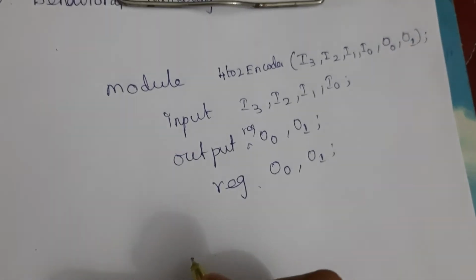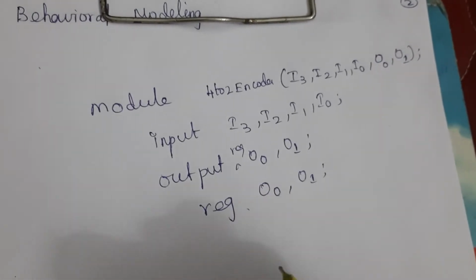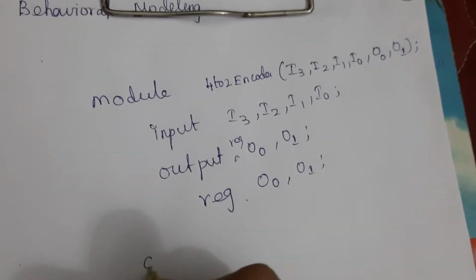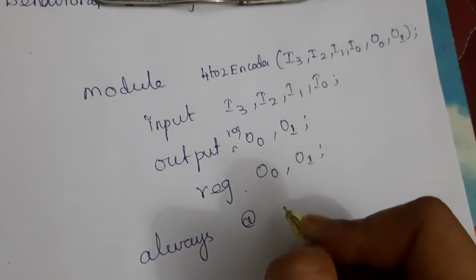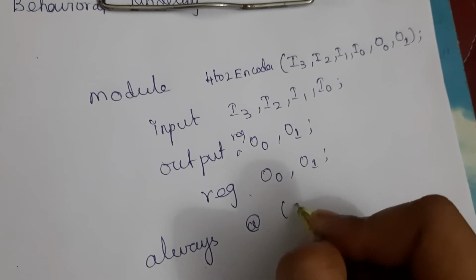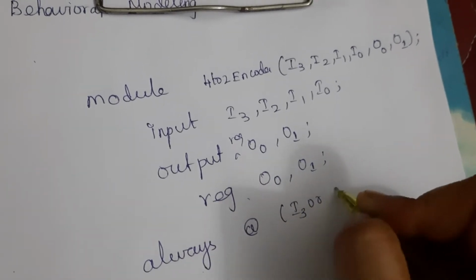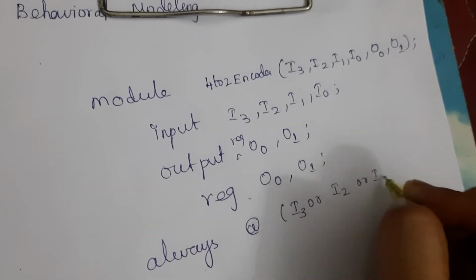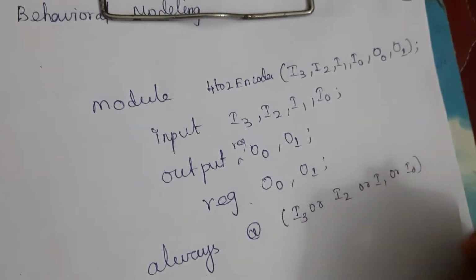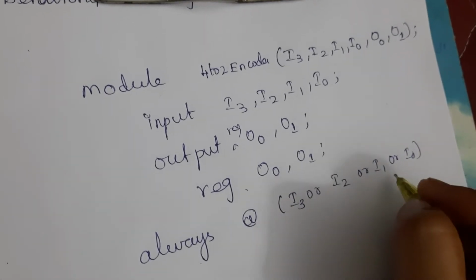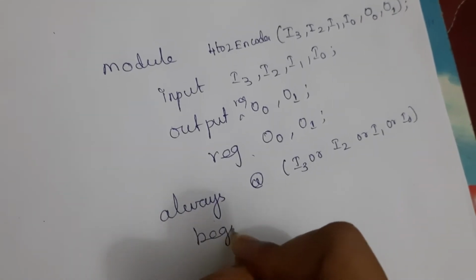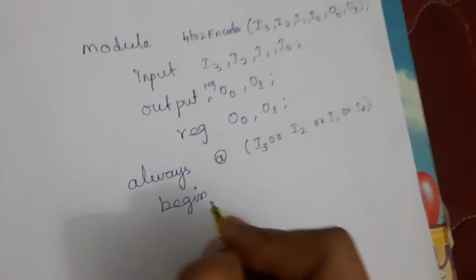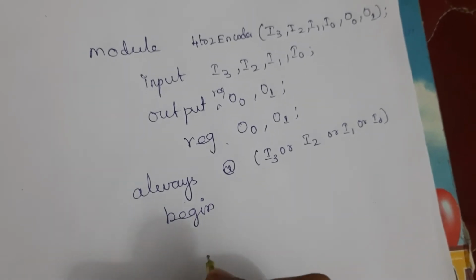Next step, we have to define the function of this encoder. For that we use the always block. Always at, here I use the condition I3 or I2 or I1 or I0. Any condition we can declare here. I just use this condition and begin this block, and inside this block we declare the function of this encoder.